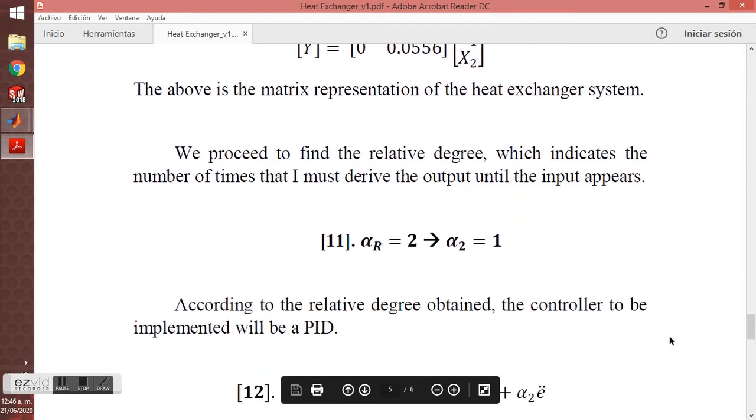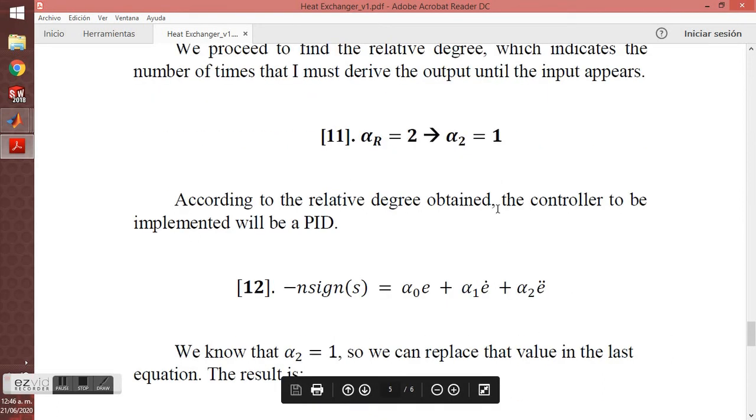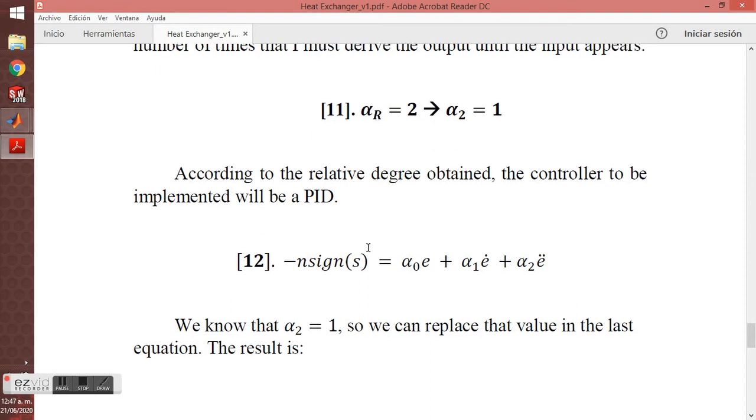We proceed to find the relative degree, which indicates the number of times I must derive the output until the input appears. The relative degree alpha is equal to 2, so alpha 2 is equal to 1.